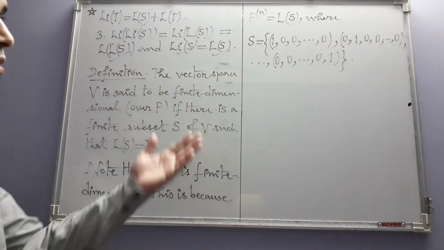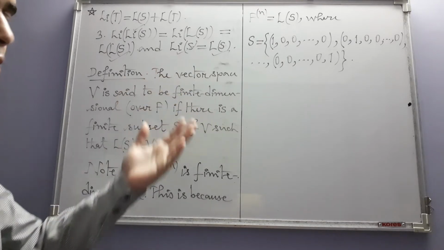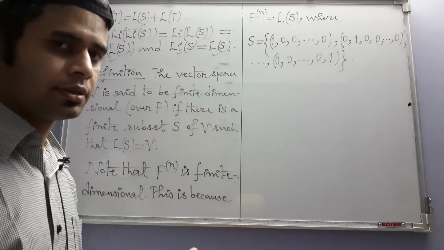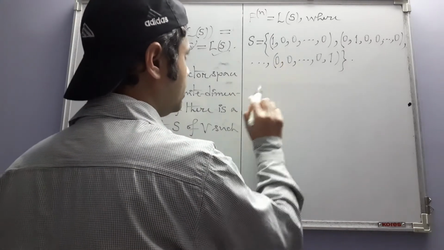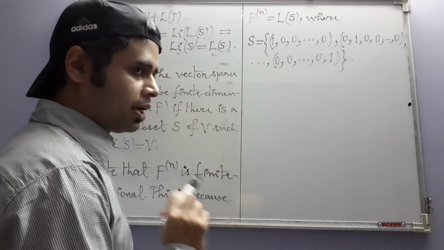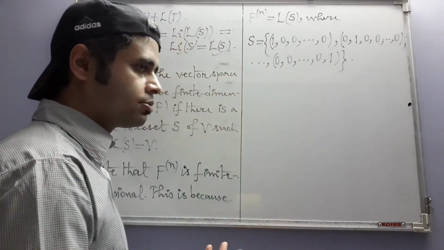To see how this set, I should not say generate, but spans, that is the technical term. To see how the vectors in S span the entire Fn, a general element in Fn looks like what?